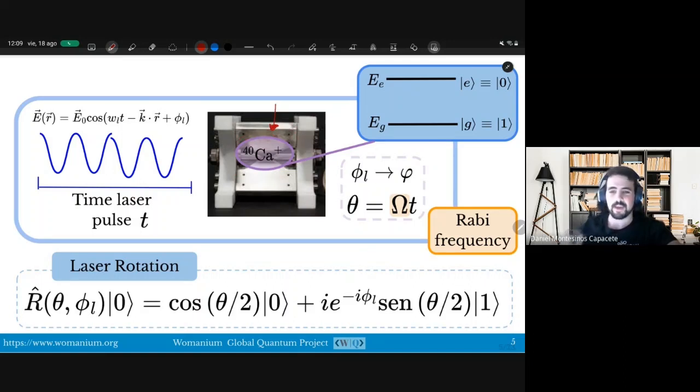So the idea is to trap the ion using what is called a linear Paul trap. I mean, there are different types of ion traps. The one in the picture is the one that we were using in the experiments, and this is a linear Paul trap, right?